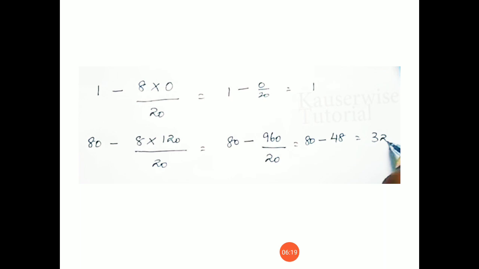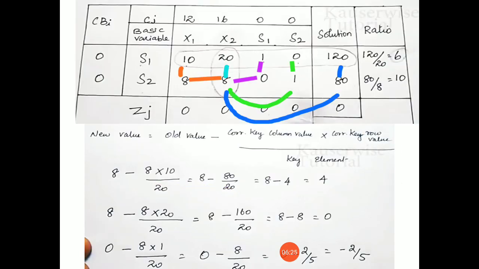Similarly, I can find the fifth element of the S2 row using the same formula which I have shown, and moreover for the fifth element I have used blue color to represent the corresponding key column value and corresponding key row value.